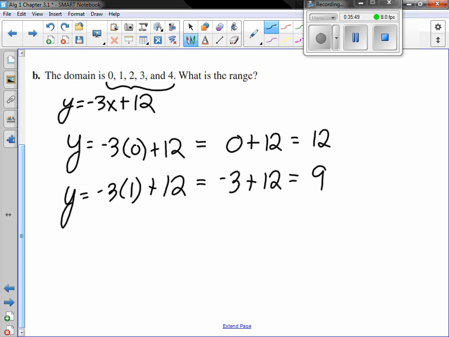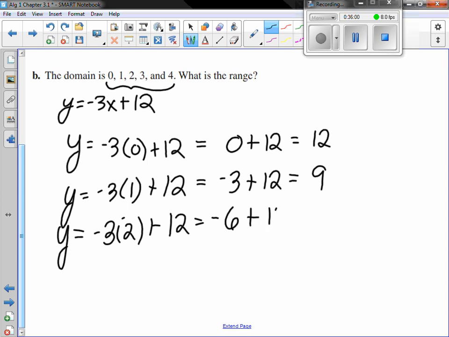Questions on this here? Well, then we would do it with 2. Negative 3 times 2 would be negative 6. Negative 6 plus 12 would be 6, yes?